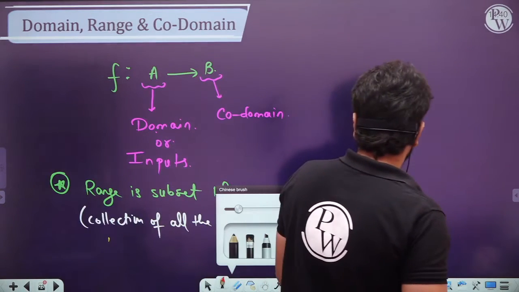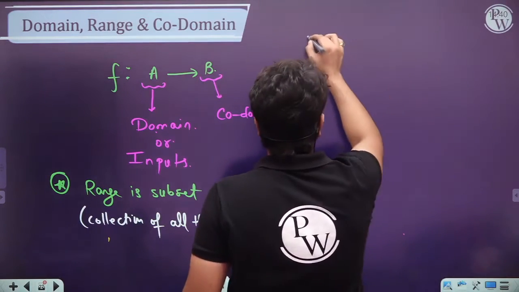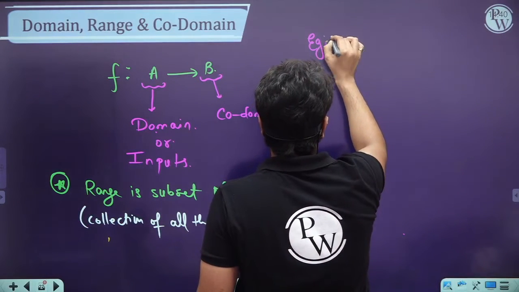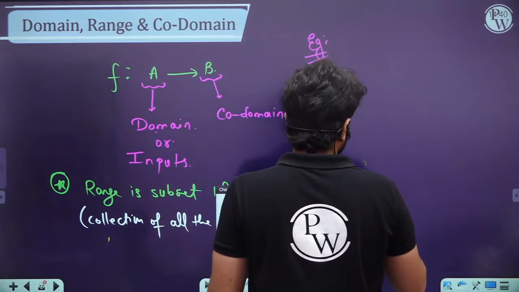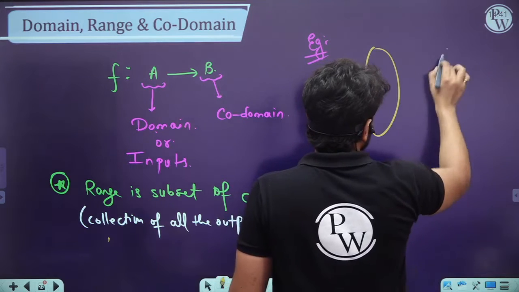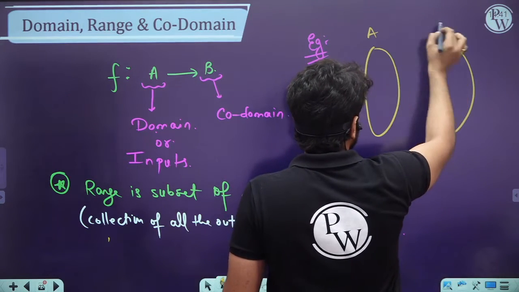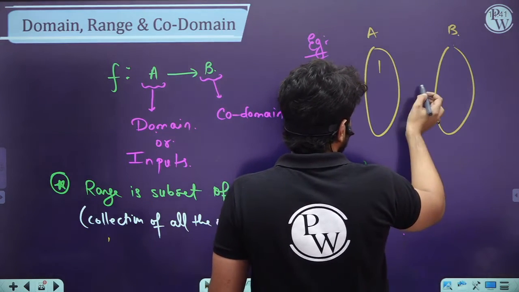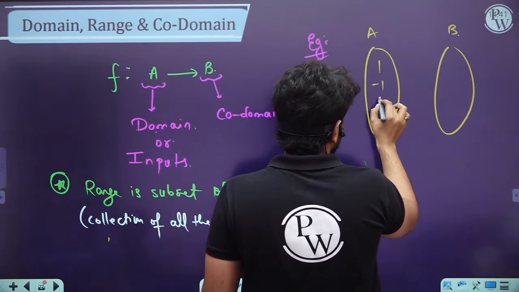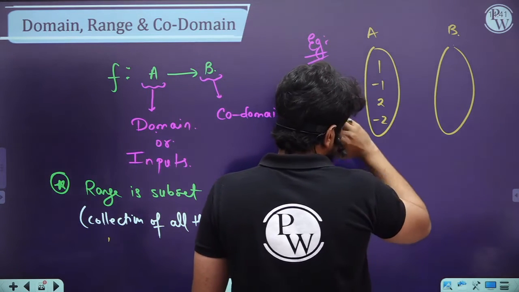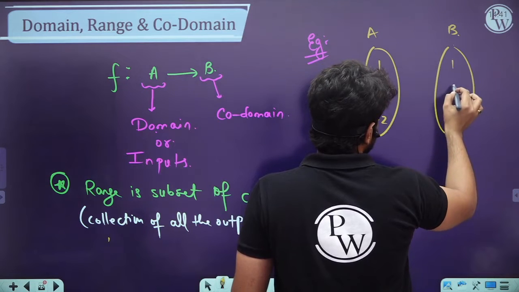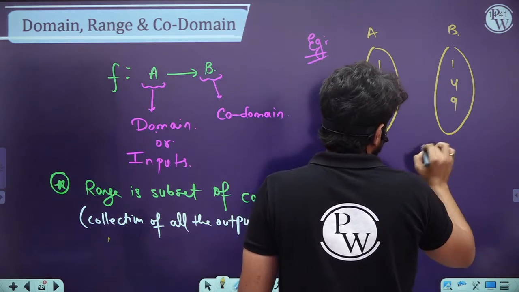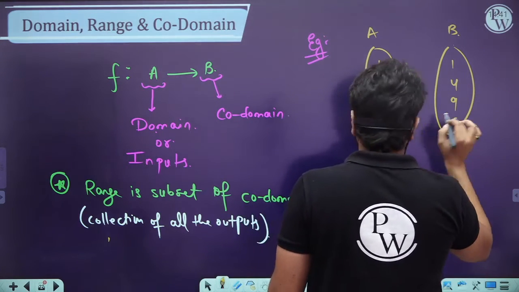For an example, suppose I define this as set A, this as set B. Here we have 1, -1, 2, -2, and in set B we have the elements 1, 4, 9, and 16.